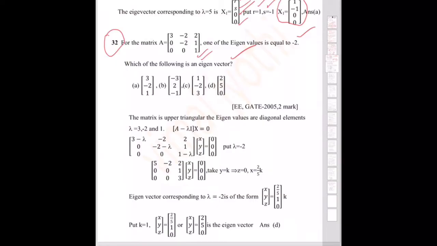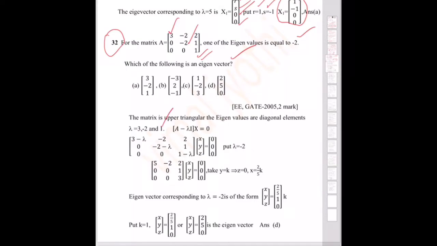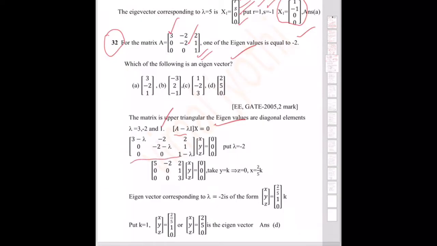The eigenvector is obtained by (A minus lambda I)x equal to 0. Put lambda equal to minus 2 in this equation, and we get this.